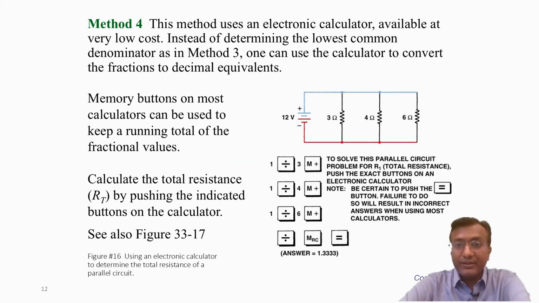Instead of determining the lowest common denominator as in method 3, one can use the calculator to convert a fraction into decimal equivalents. So we can use calculators or Excel sheets to perform the tedious calculations for a complicated circuit, and using this we can determine the equivalent resistance of a parallel circuit.